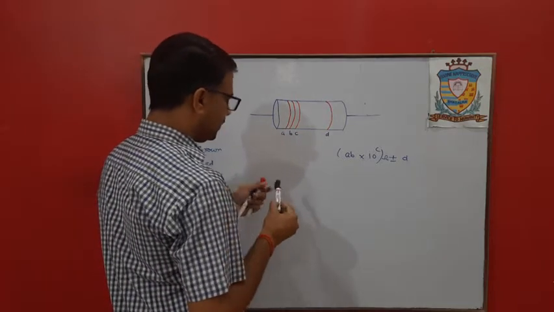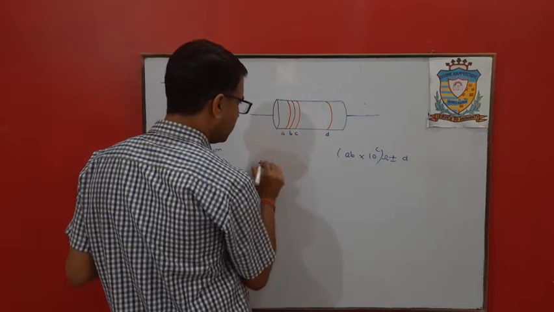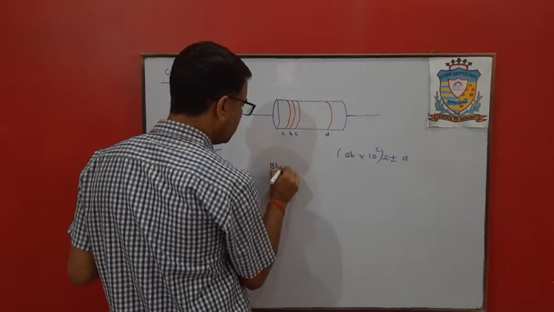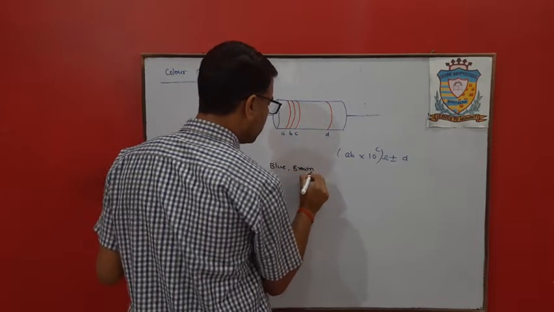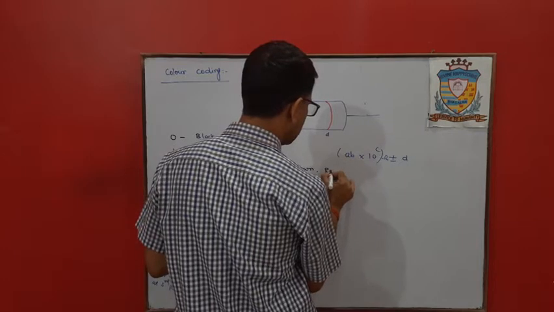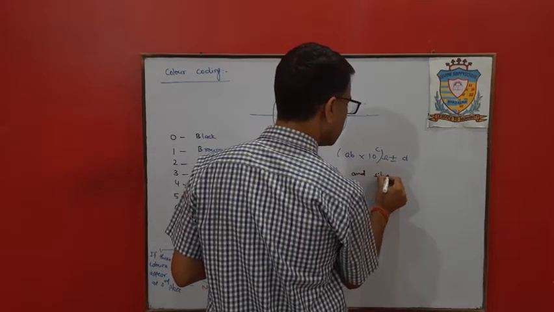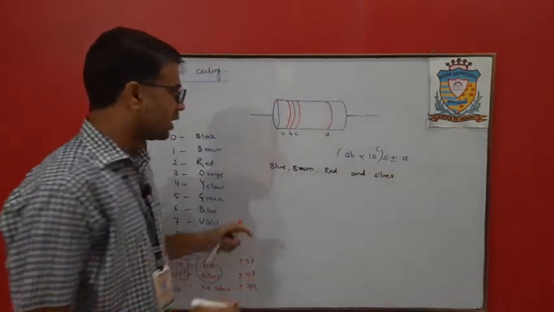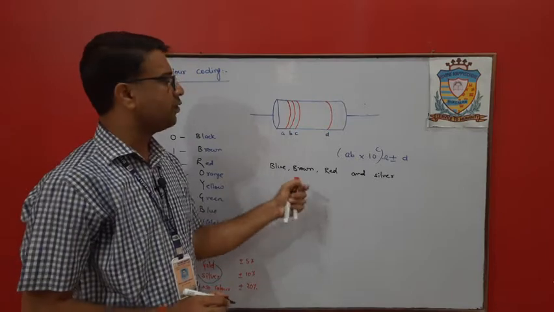For example, it is given that blue, brown, red and silver colors appear on a carbon resistor; find its value.